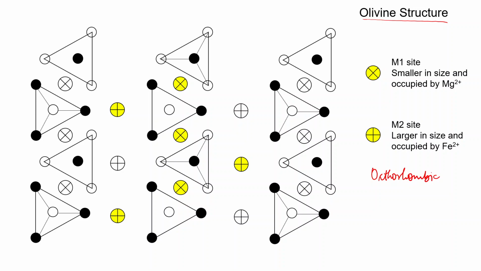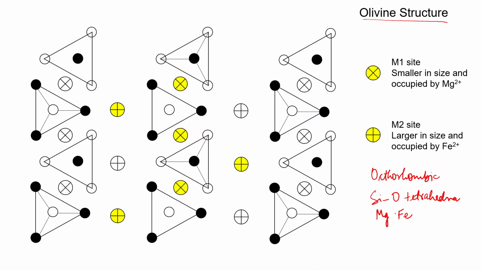If you look at these triangular diagrams, they represent the silicon-oxygen tetrahedra, and these tetrahedra are linked by either Mg or Fe.